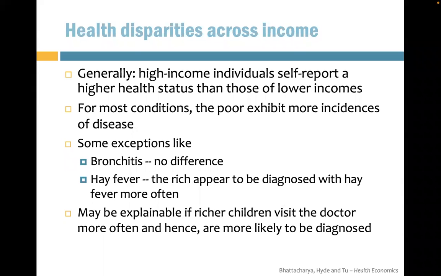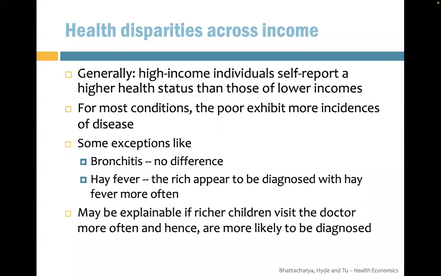Okay, so the conclusion here is that generally high-income individuals self-report a higher health status than those of lower incomes. For most conditions, the poor exhibit more incidence of disease, which makes sense and should be obvious to most of us.